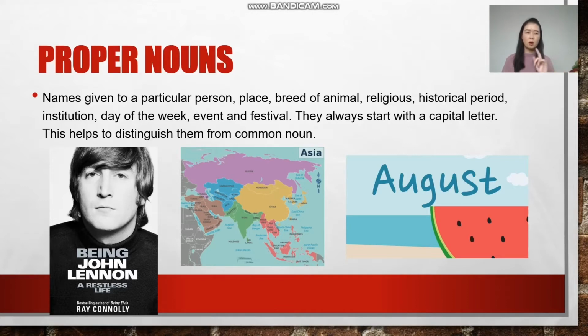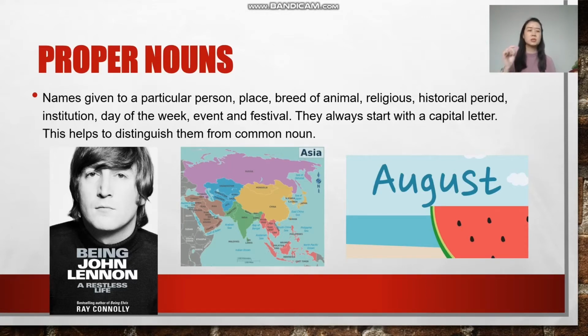Okay, and on the right, you see the word August. August is this month, right? August with watermelon. Watermelon is just a common noun, but the word August is a proper noun. But what is the common noun for August? Think about this. Well, August is the name of the month, right?